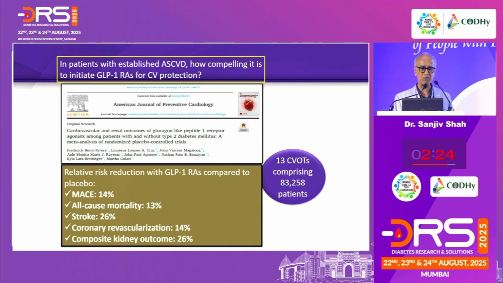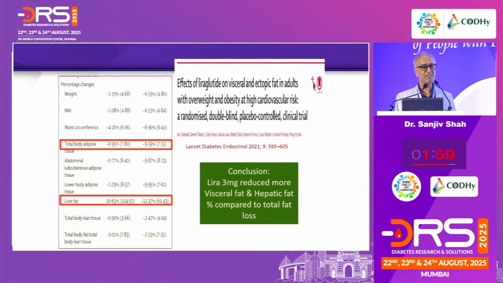A beautiful paper by Naveed Sattar, including a relatively recent trial, also has exactly 14%, and 13% mortality, but a larger stroke benefit. If you have seen the previous talk, SGLT2 inhibitors had hardly any benefit on stroke, which is visible here. Probably different renal and cardiovascular endpoints get addressed with GLP1RA. Similar 22% benefit in renal outcome.